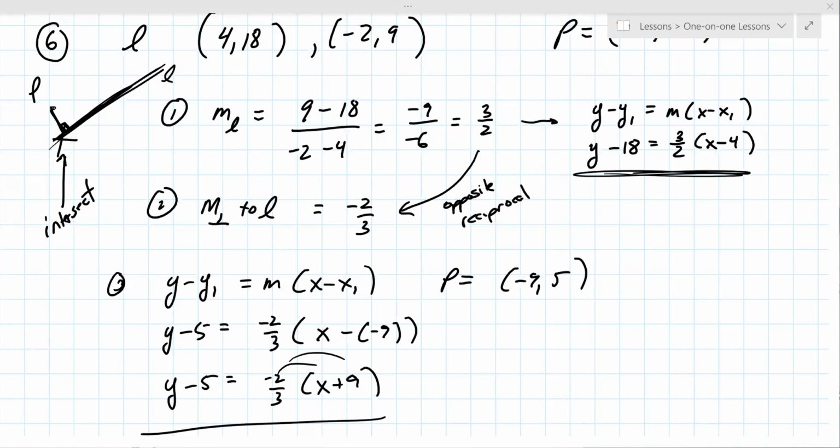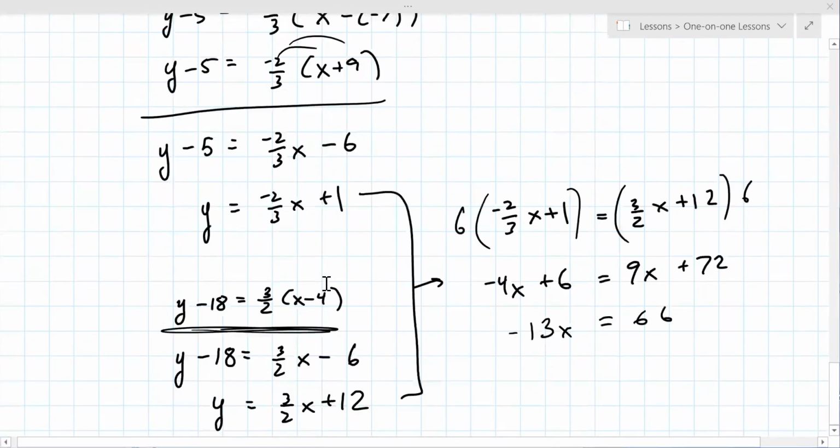I made a mistake somewhere because the solution is nice. Let me see here. 18 over 2 is 9. Negative 12 over 3 is negative 4. That would be 13x.